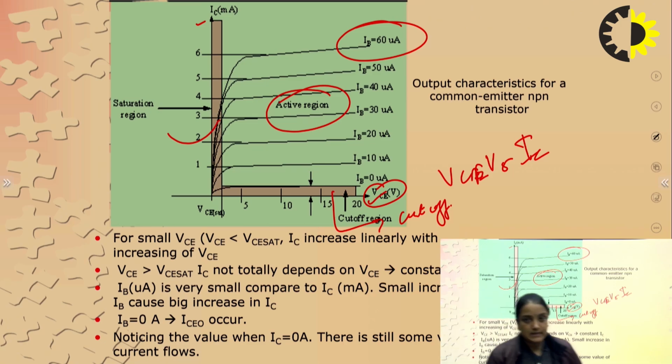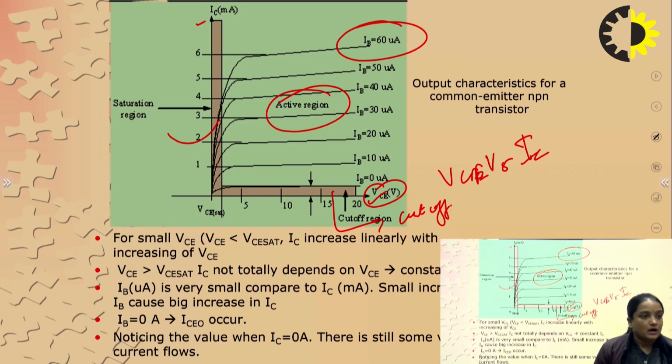So discussing the major thing, for a small VCE, as VCE is less than V saturation, IC increases linearly with increasing VCE. What we will observe is that it almost gets constant as we increase the value, or we can say as the value is decreasing, we are obtaining particularly the flat curve as we are moving downwards.